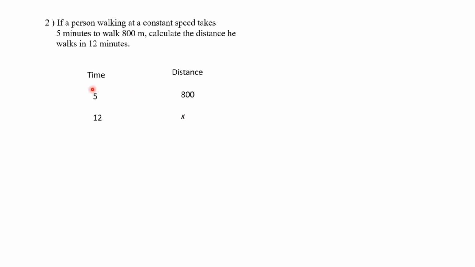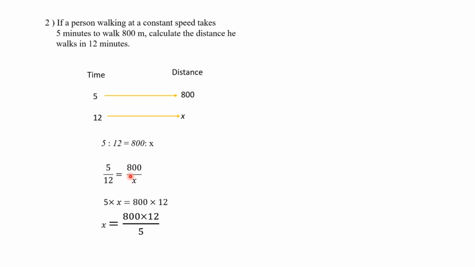Then how do you do that? You have to write these two as a ratio, these two as a ratio. Look at this. From the definition, I write 5 to 12 equals 100 to x. Then write it as a division. This ratio can be written as a division. Then get the cross multiplication. Then you get x equals 100 multiplied by 12 divided by 5.